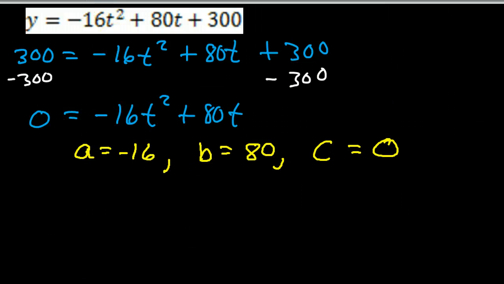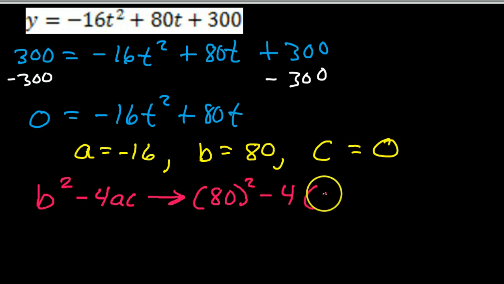Alright, so when we go to do the quadratic formula, the first thing we do is we find the discriminant, b squared minus 4ac. Okay, so that's going to be 80 squared minus 4 times negative 16 times 0. Now I could type all this in, but 0 times anything is 0.